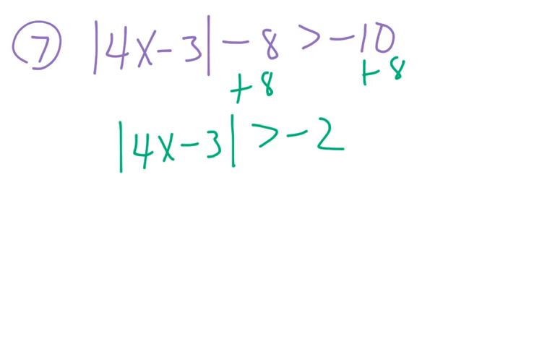Now, if you think about this for a second, anything I put in for x, multiply by 4, subtract 3, and take absolute value, it's always going to be positive. Well, this is always going to be negative, so I don't have to do anything else to this problem. The answer is automatically all real numbers. So in interval notation, that's from negative infinity to infinity.